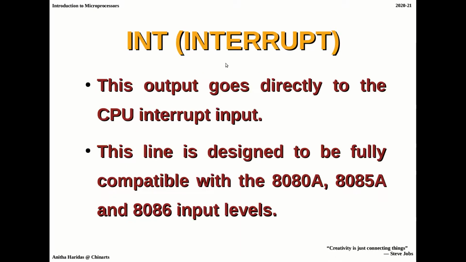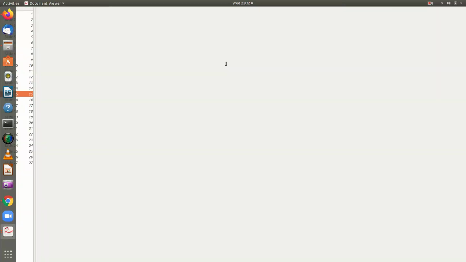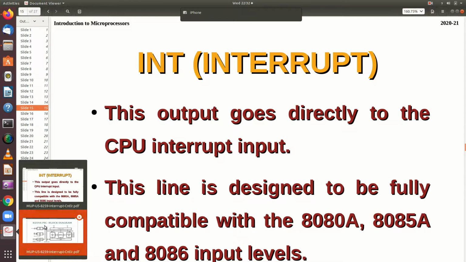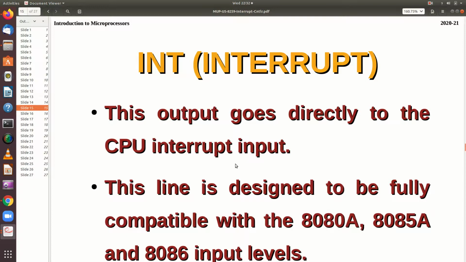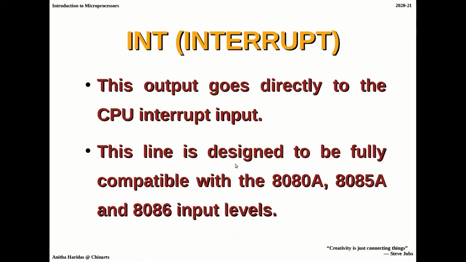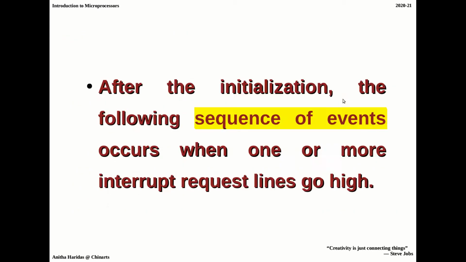The first one is the interrupt line. This is the interrupt line and this is the interrupt acknowledgement line, right? So the control logic will be sending the interrupt and it will be receiving the interrupt acknowledgement from the CPU. This output goes directly to the CPU. That is what we have seen now.